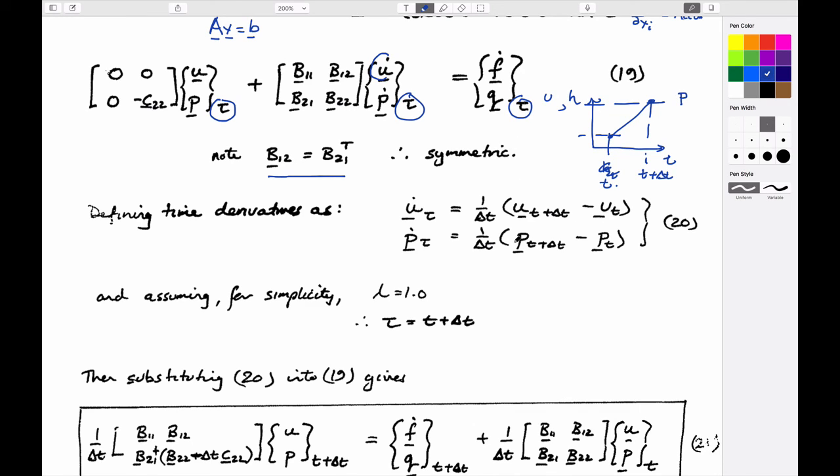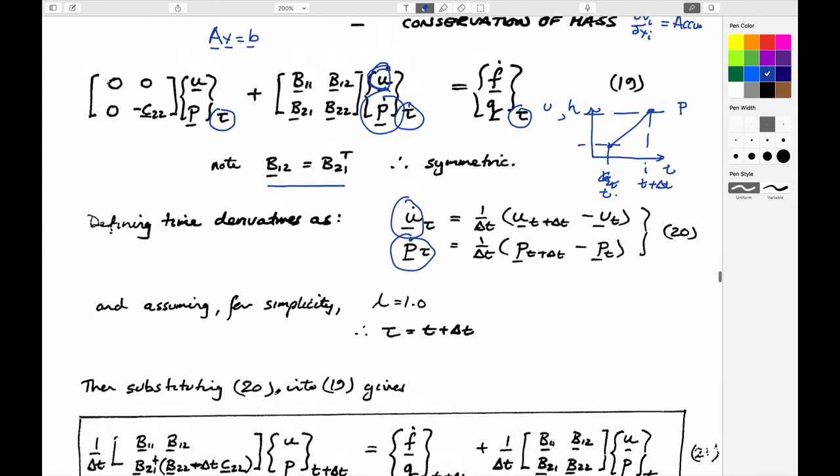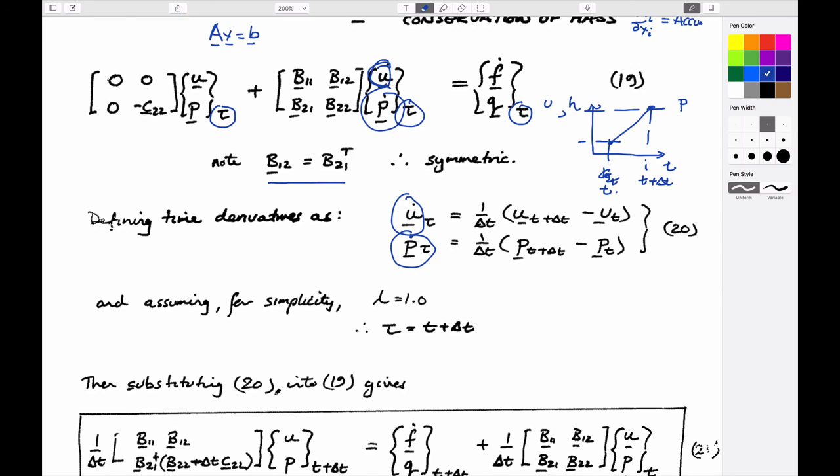We're looking at the finite derivative. So we substitute this into here. We substitute this into here. And we then manipulate it by moving the terms that we know to the right-hand side, and those we don't know we keep on the left-hand side. The terms we don't know would be this and this.